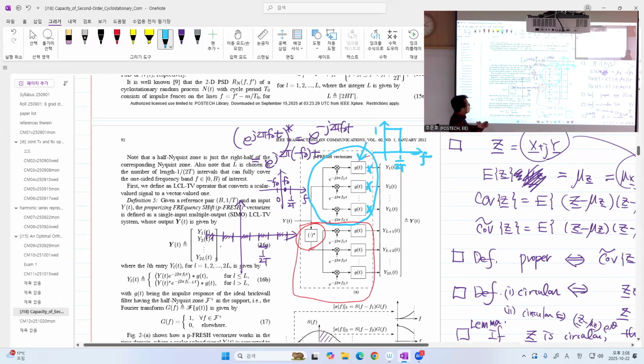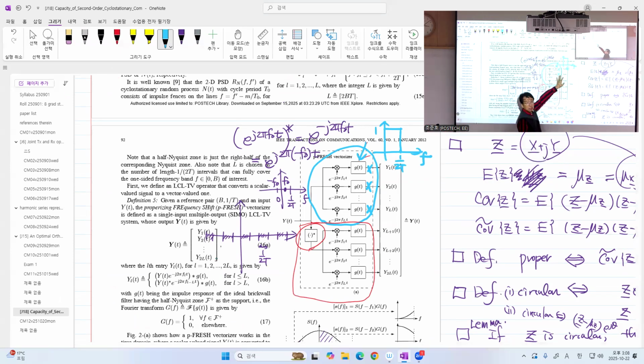Now you take the center one, and as long as the claim is correct, what happens? The centered one will give you a complex random process, strictly band limited to 0 to 1 over 2T, and wide-sense stationary. What does that mean? Wide-sense stationarity implies diagonal impulse fences in the bispectrum.